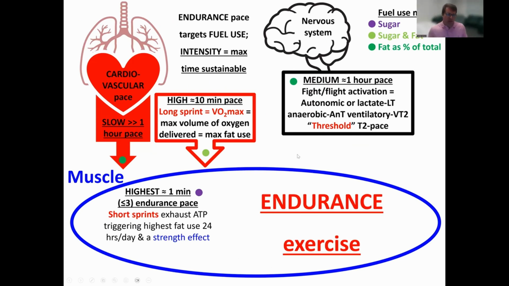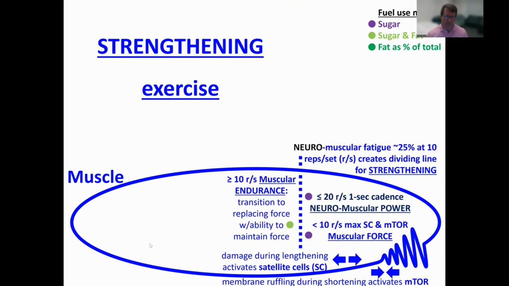So this cartoon I created to demonstrate to you how the different supply components come in. We've got the heart and the lungs delivering cardiovascularly our nutrition and oxygen to keep our system going. Our 10-minute race pace maximizes that delivery. The 1-hour pace triggers through the central nervous system, our autonomic or fight or flight system, to ramp up the fitness adaptation. And when we go to the 1-minute pace, now we're targeting within the muscle, AMPK, to increase fat burning.